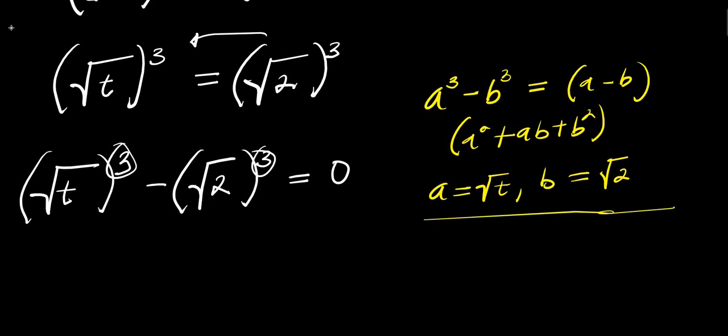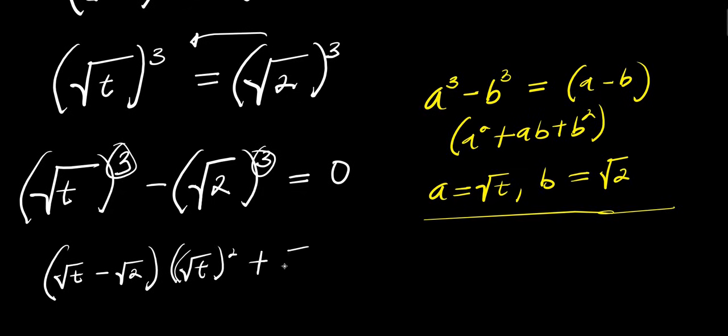So what we are going to do will be to use that in order to expand this. So we have root t minus root 2 times root t squared plus root t times root 2 plus root 2 squared, and this equals 0.